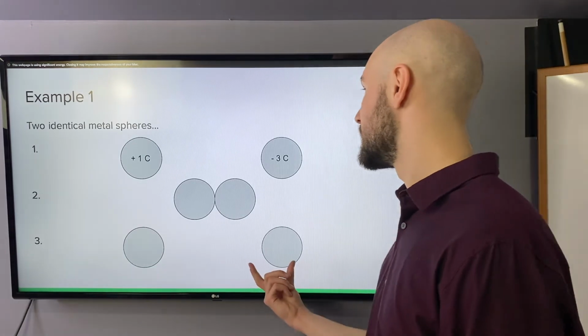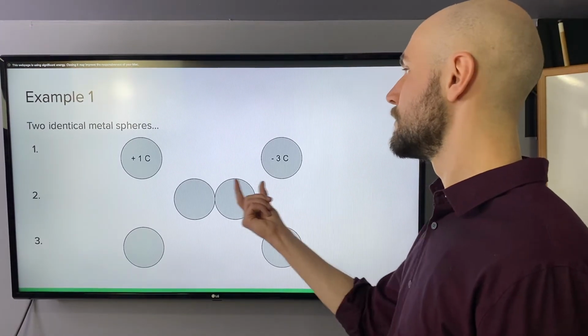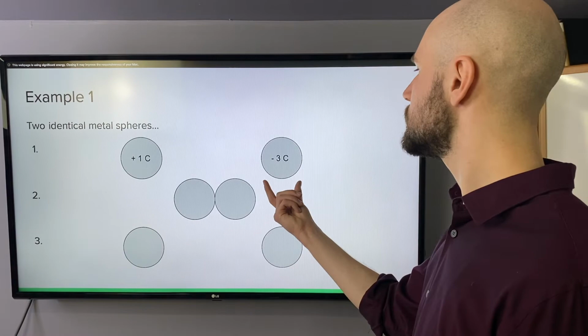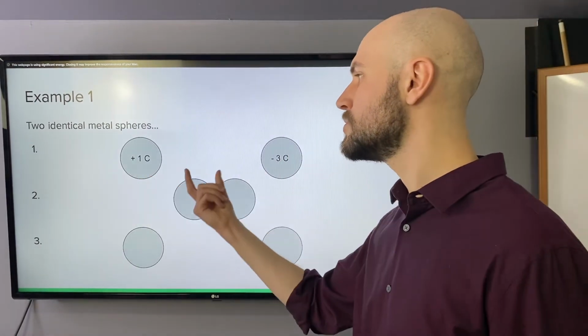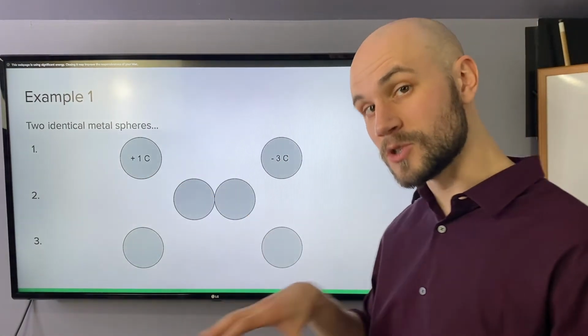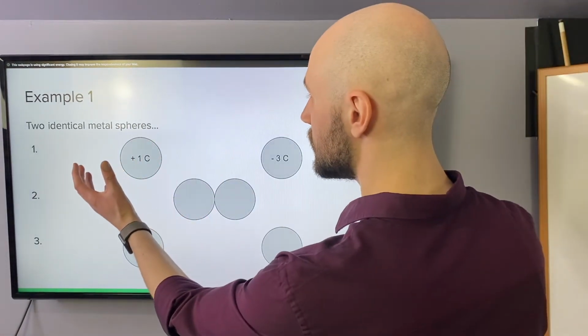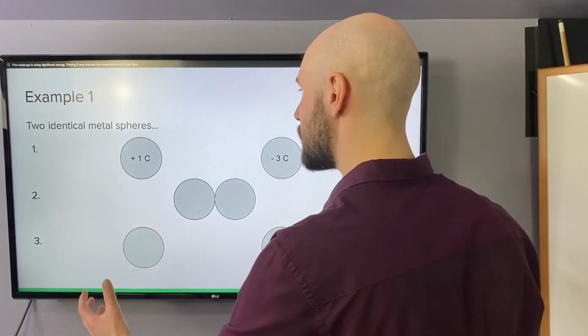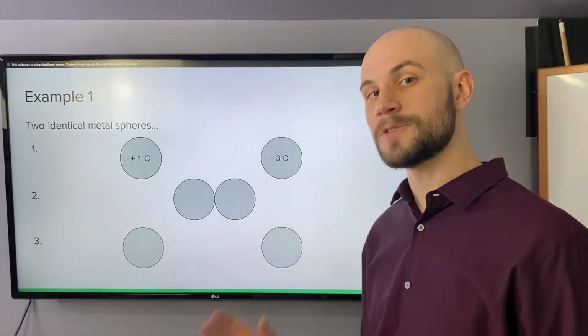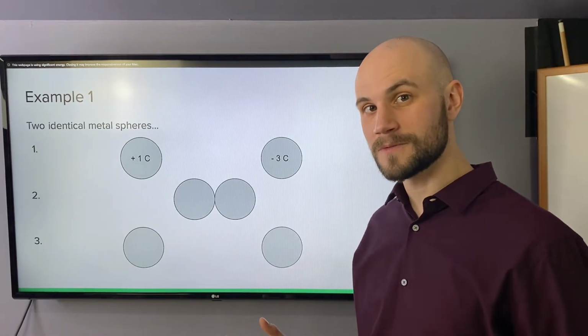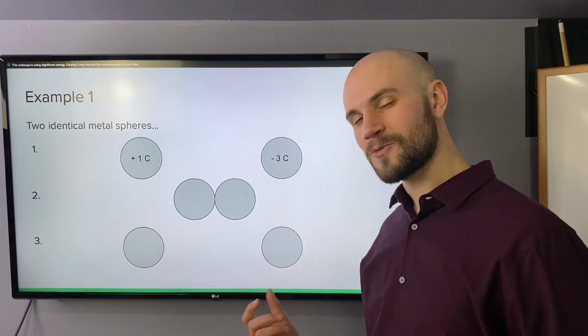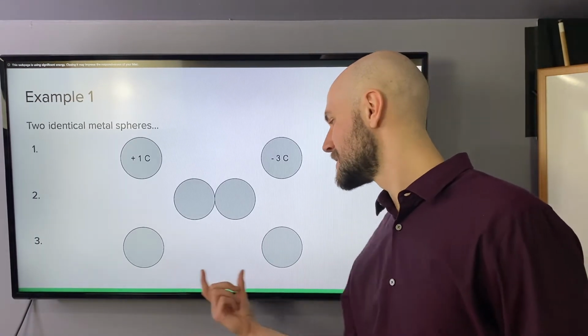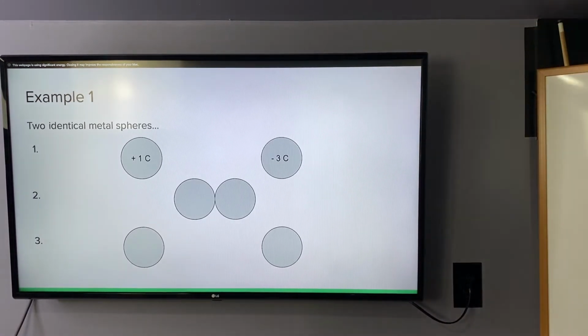But what value is going to run to each one? Well, if we look, the total charge in the whole system is -3 plus 1, which is -2 coulombs, right? That's the total charge inside of this system. And then we touch it and separate. The total charge in the system has to remain -2 coulombs. But it also runs till it's equal. So what ends up happening is, that's incorrect.